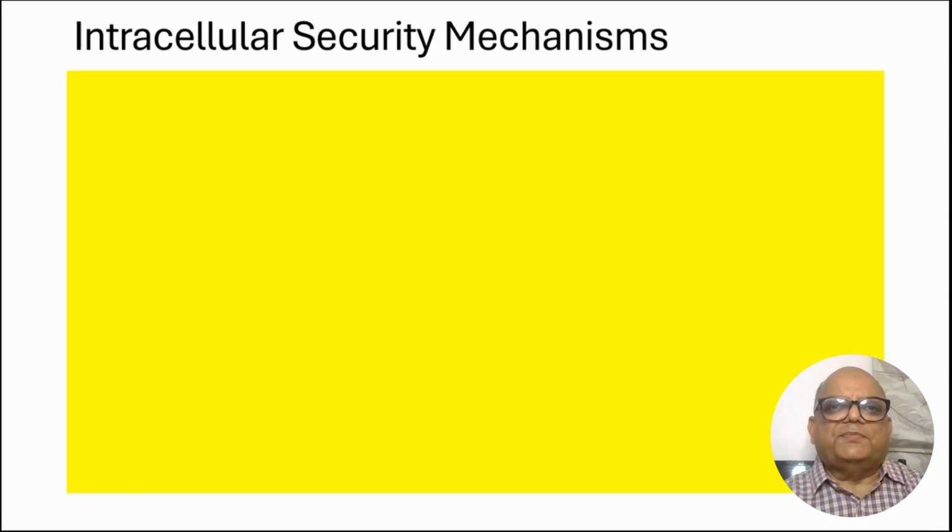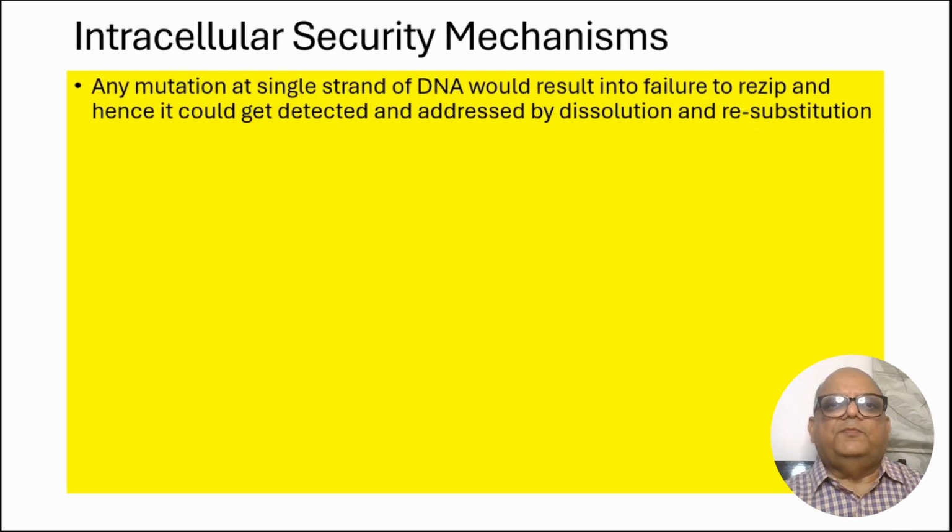Of course, there are a lot of intracellular security mechanisms. For example, suppose there is a single strand change in the DNA, one half of the DNA strand changes. It will fail to rezip after the process is over. It is supposed to rezip into an assembled chromatid for cell division.